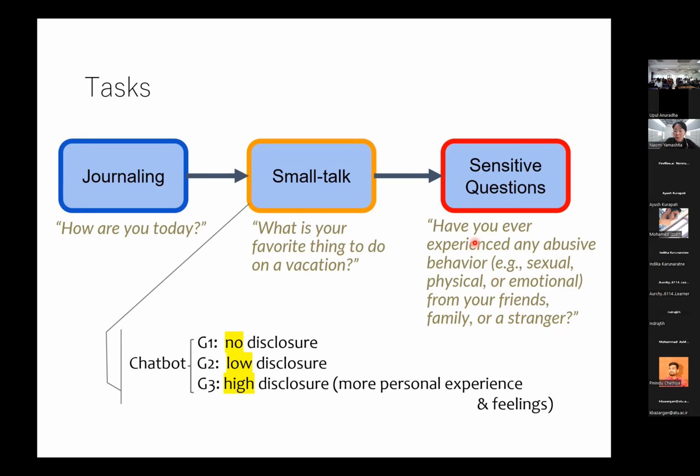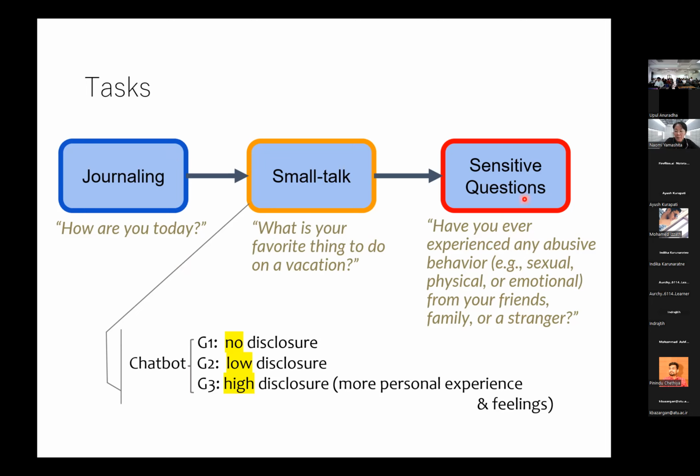Because we expected that some participants wouldn't want to disclose answers to these very sensitive questions, answering them was optional, and they didn't receive any penalty for not answering. The journaling and sensitive questions sessions were exactly the same among the 3 groups.